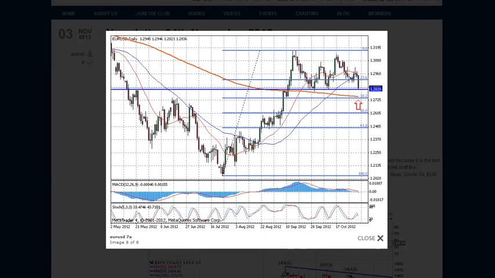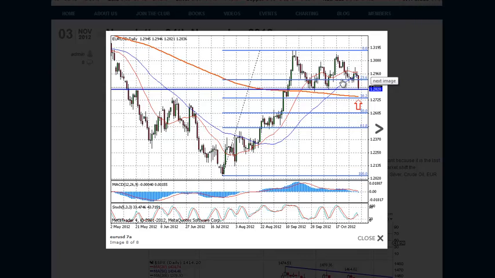And the last chart is the chart of euro dollar. We saw a significant softening in that price as well. This is quite bearish. It looks like a triple top, but we need the confirmation. This level is significantly important as well, the 1.28 level, which happens to be the neckline of this triple top.